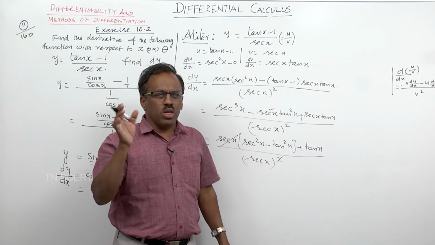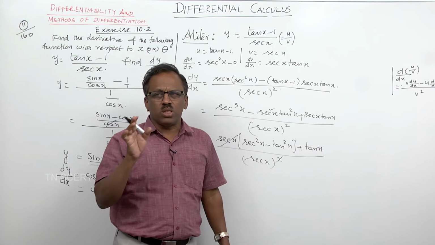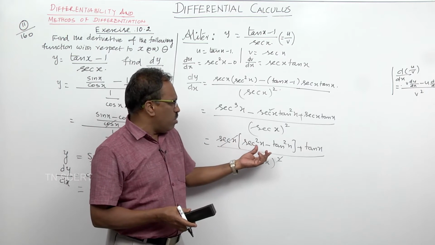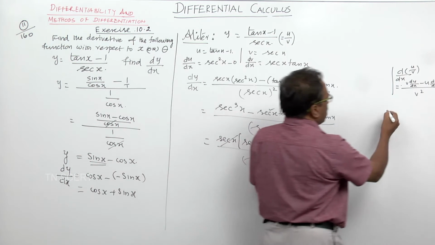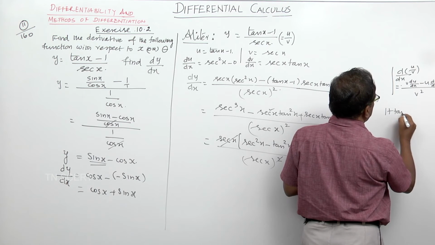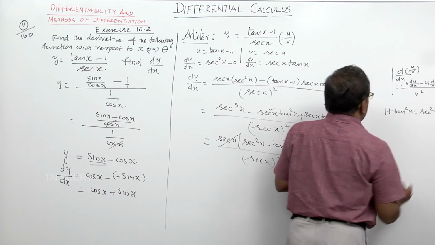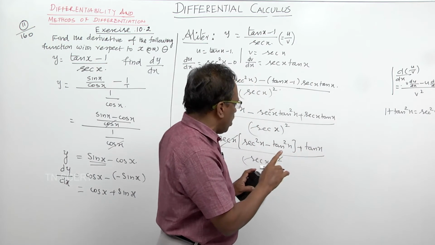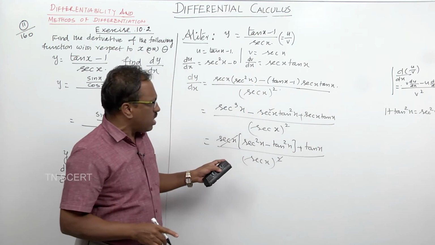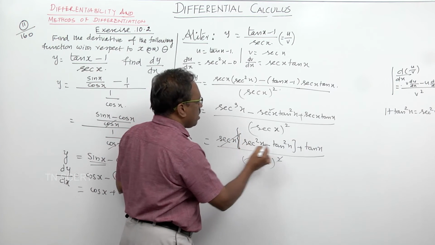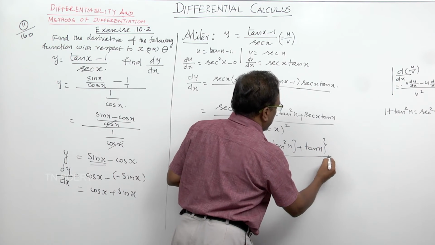So 1 plus tan square x is secant square x, and secant square x minus 1 is tan square x. So remember that 1 plus tan square x is secant square x. So secant square x minus tan square x is 1. On the whole I cancel it, remember that.